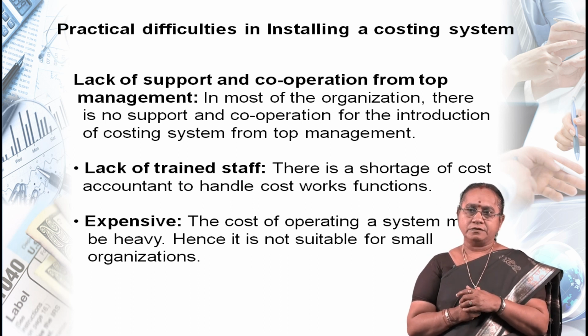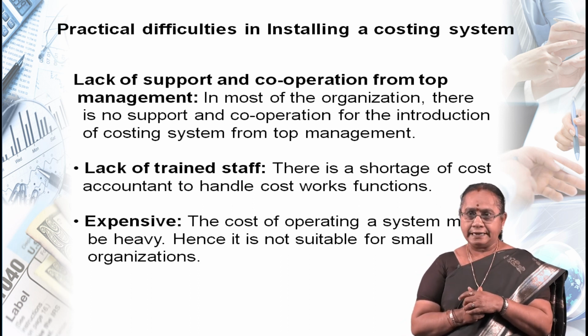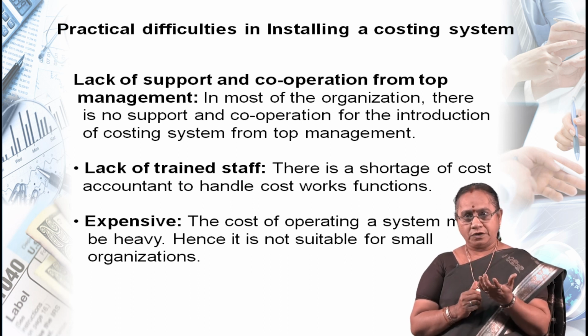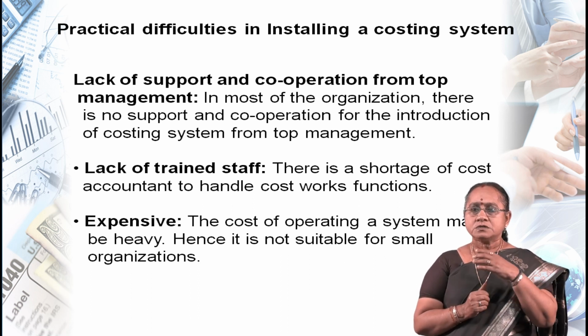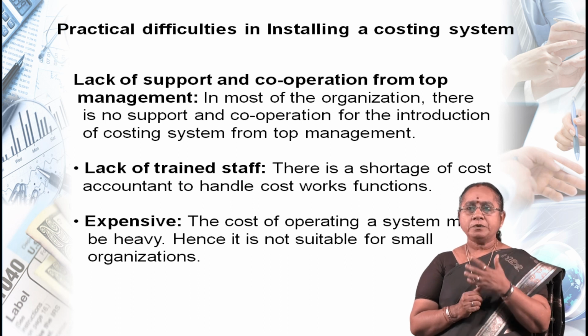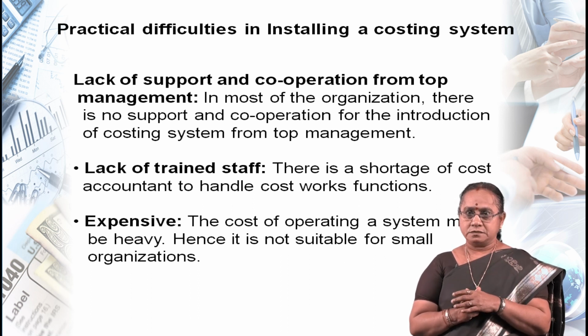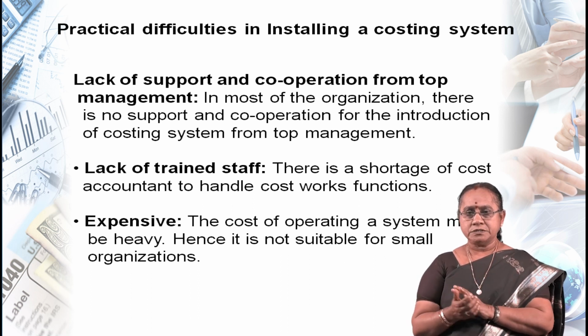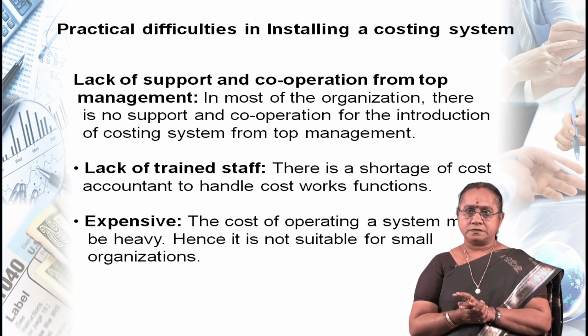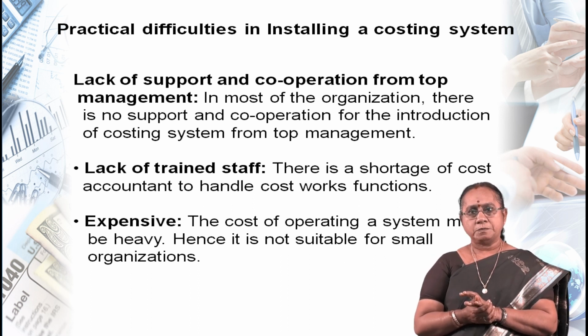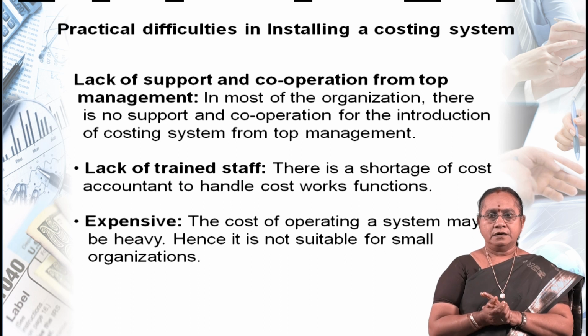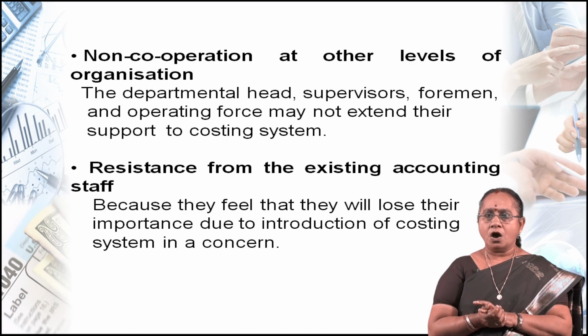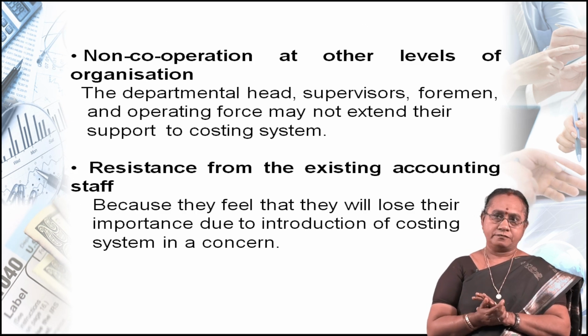Next, expensive. Operating a costing system may be heavy, so small organizations may not be able to install a costing system. Only large organizations can easily install this kind of system. So expense is also a practical difficulty.